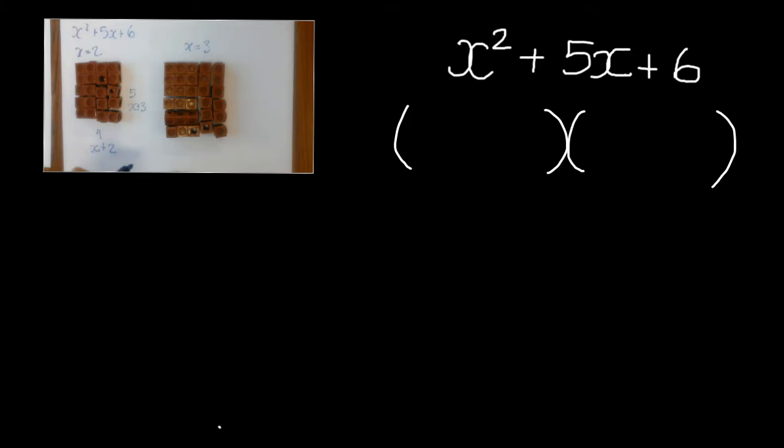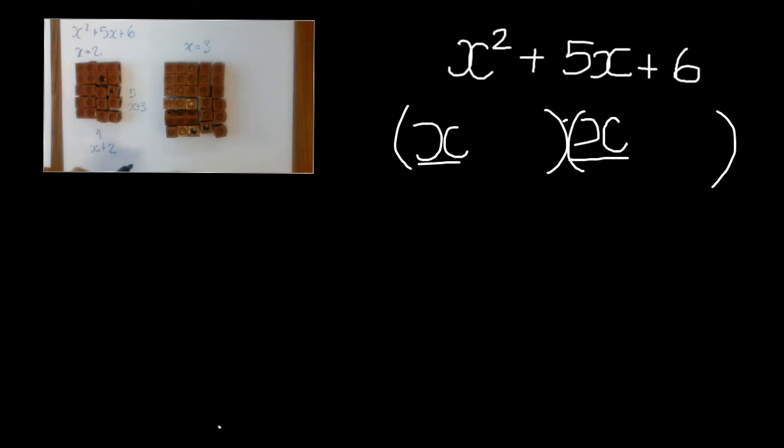Now, the first term of each of these brackets was our x plus something. And so I'm going to write both of those in. Now, algebraically, we can see that if we were to expand this out, which most people are pretty good at, x times x is x squared.